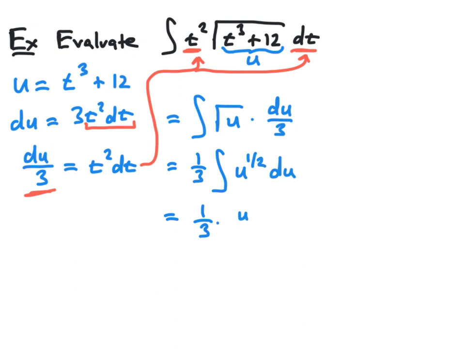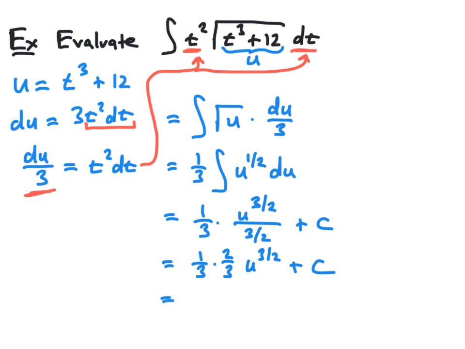So this will be u, and we add 1 to the exponent to get 3/2, and then we divide by that exponent, so divide by 3/2, and of course plus c. And so we end up with 1/3. Instead of dividing by 3/2, we can think of that as multiplying by 2/3, u to the 3/2 plus c.